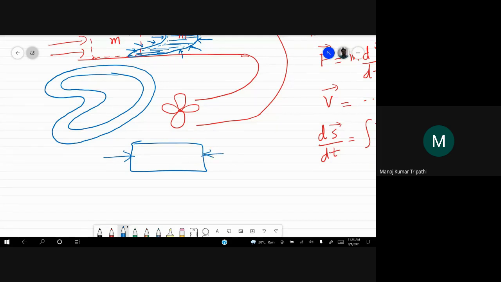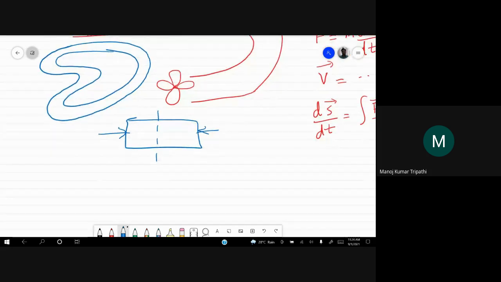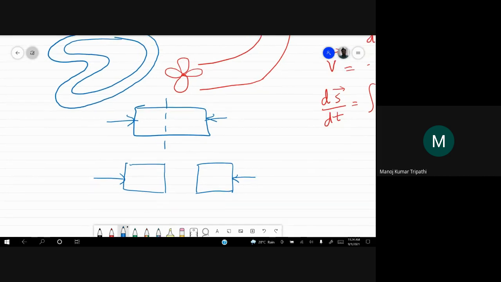What we said was, let's say you take a section and you separate both of these to analyze the force at the cross section. Let's say we take them apart, not physically, but just for the analysis.